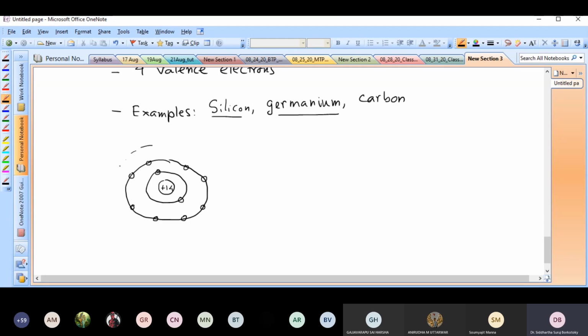And then finally, at the outermost orbit, I'm showing the core using solid lines, and then the outer valence orbit, there will be 4. So 1, 2, 3, 4. So that is your silicon. So basically you have a silicon atom looking something like this. So you have 14 protons inside and the neutrons, and then you have these electrons.